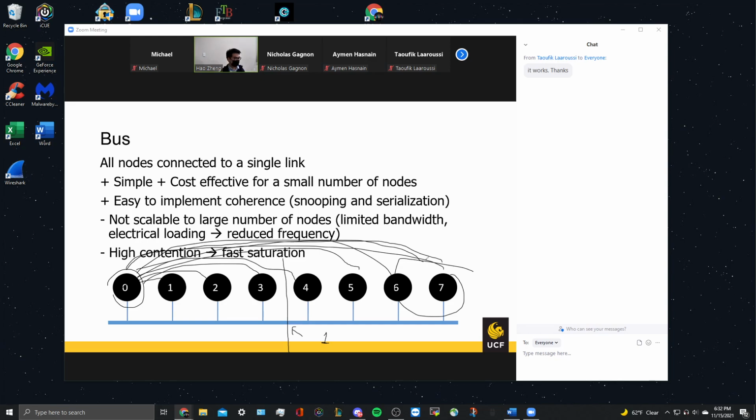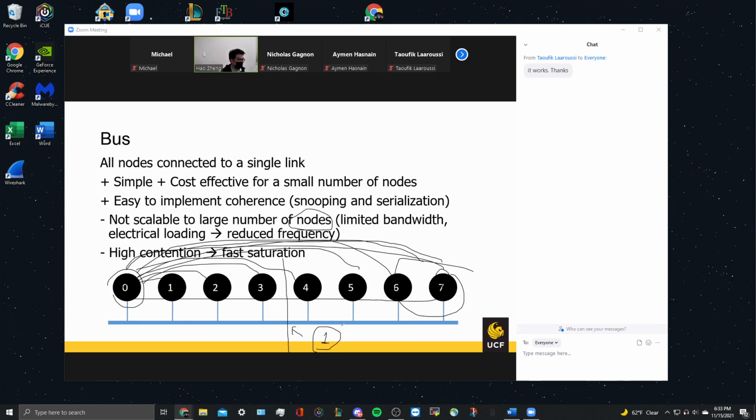So why do we say it's not scalable to a large number of nodes? We have eight nodes here, and the bisection bandwidth is only 1. No matter how many nodes you add to the interconnection network, the bisection bandwidth is always 1. So each of these nodes will share very limited bandwidth.